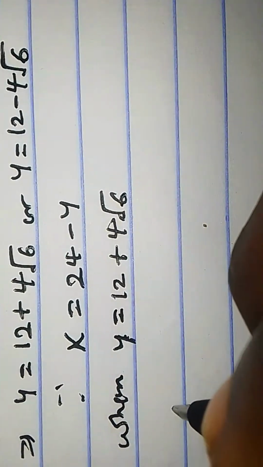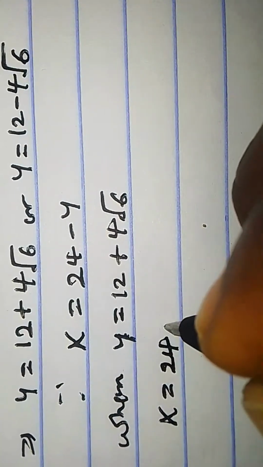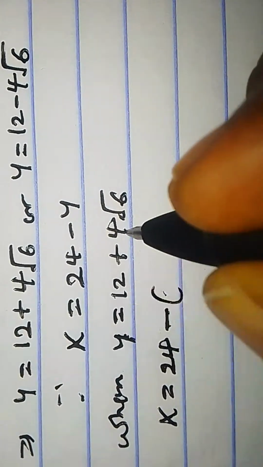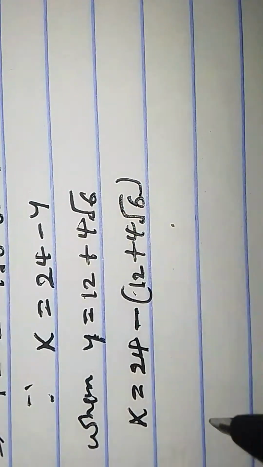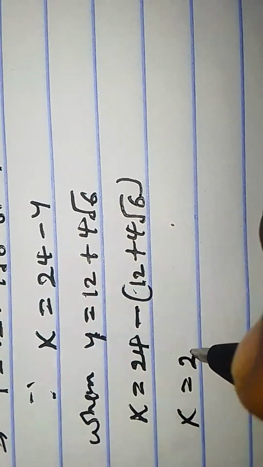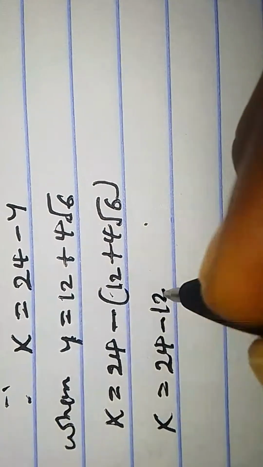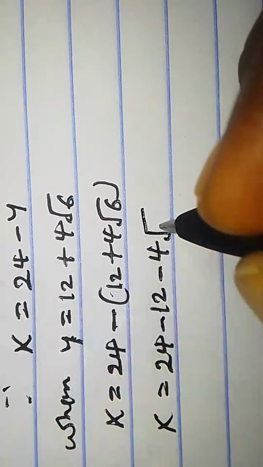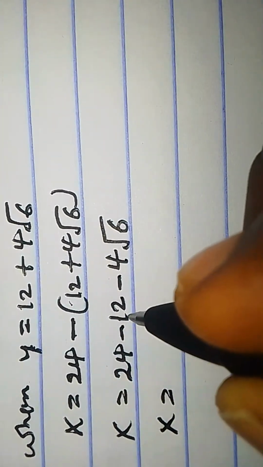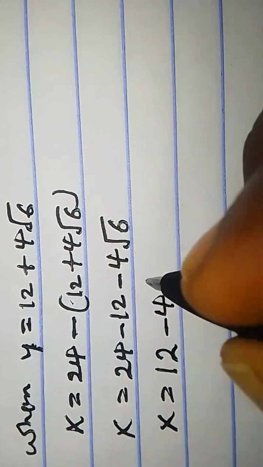So that will be x equal to 24 minus (12 plus 4 root 6). x equal to 24, minus times 12, that is negative 12, minus times plus, that is negative 4 root 6. x equal to 24 minus 12, that is 12, minus 4 root 6.